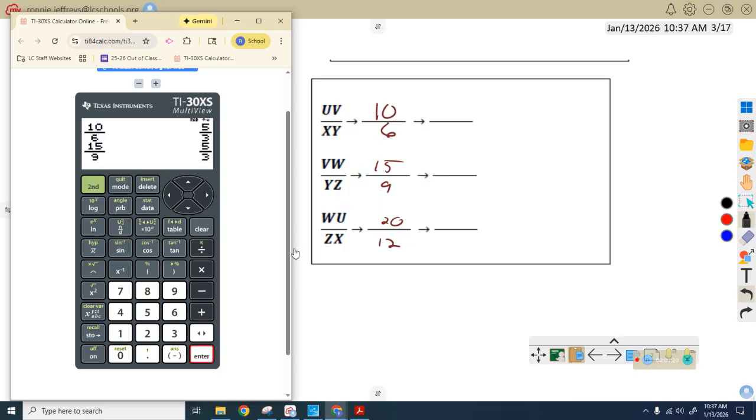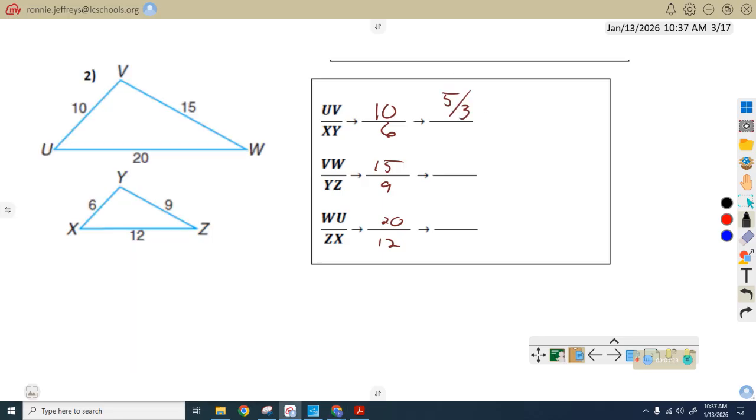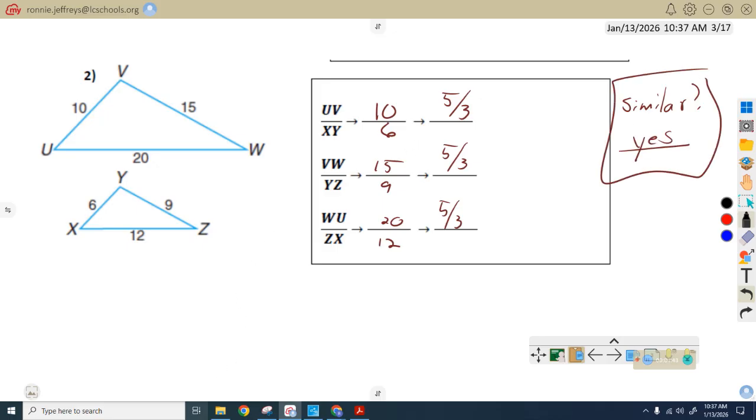And that's 5 thirds. And that's 5 thirds. Alright, so all these are the same. So is this similar? This would be a yes, because all those are the same.